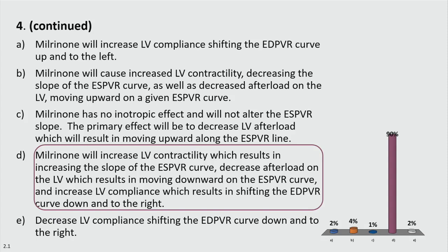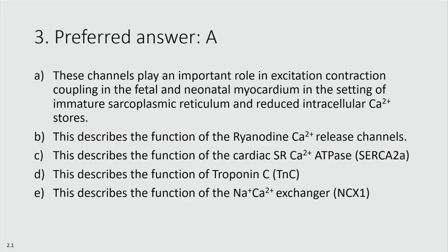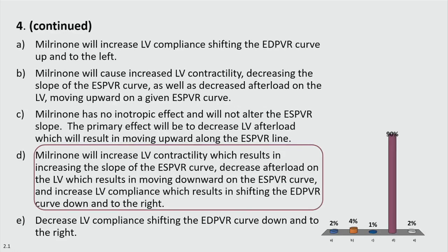on the end-systolic pressure relationship curve, and increase the LV compliance, which results in shifting the end diastolic pressure volume relationship. Interestingly, a lot of the diastolic properties that have been attributed to milrinone are hard to measure.